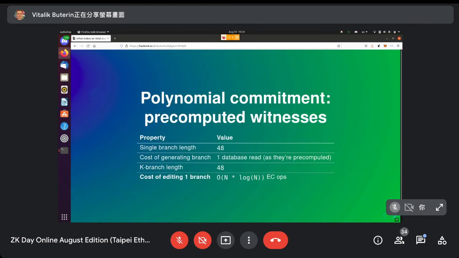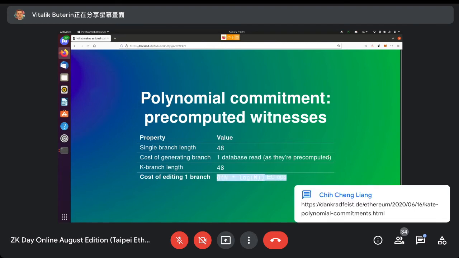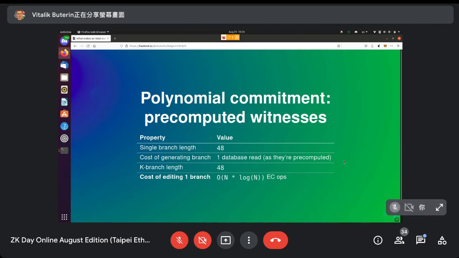Now, you might ask, why does this not work, right? The reason is that when you edit the data, you basically have to do the pre-computation all over again. And the thing with state trees is that they get read very frequently, and they also get written to very frequently. Every block reads thousands of values from the state tree, and every block makes thousands of writes to it.